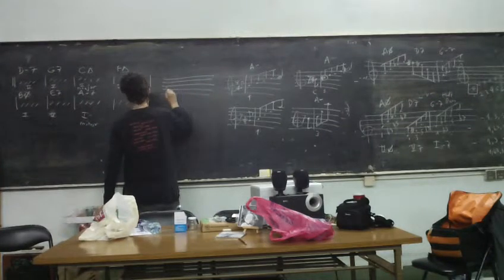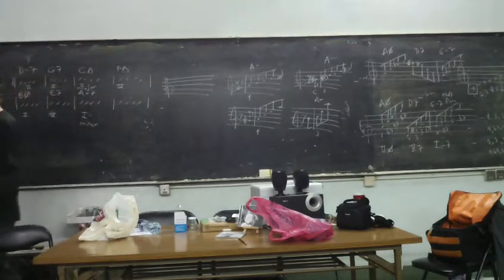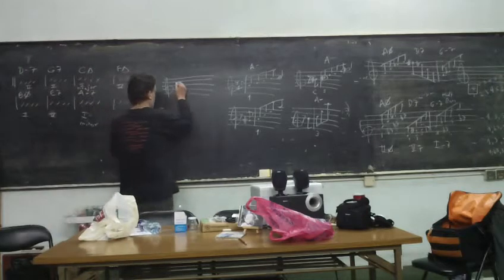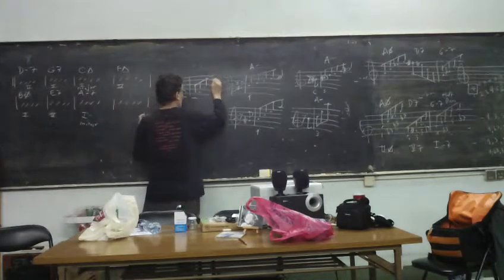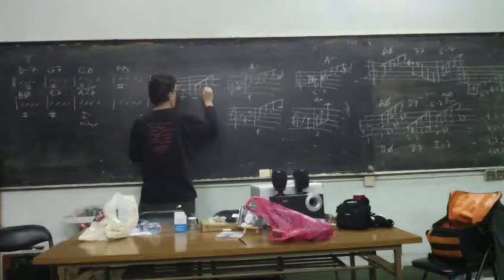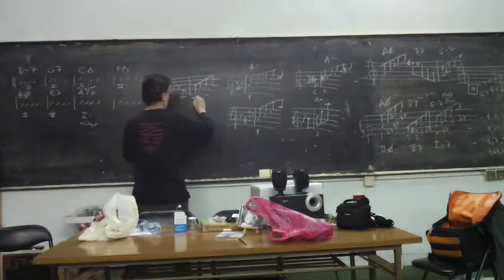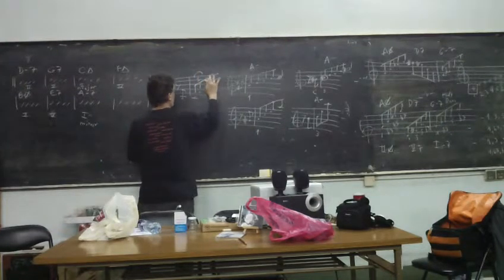Remember that Charlie Parker phrase I told you? Po da da pa pi pa pa pa pa po do bo po da pa pi pa da. This one, po da pa pi pa da. This is like this.